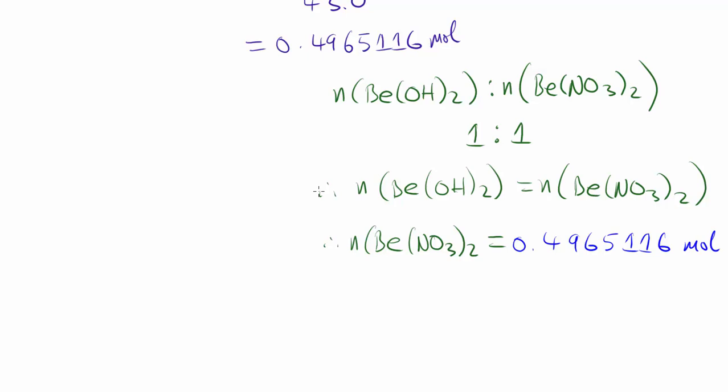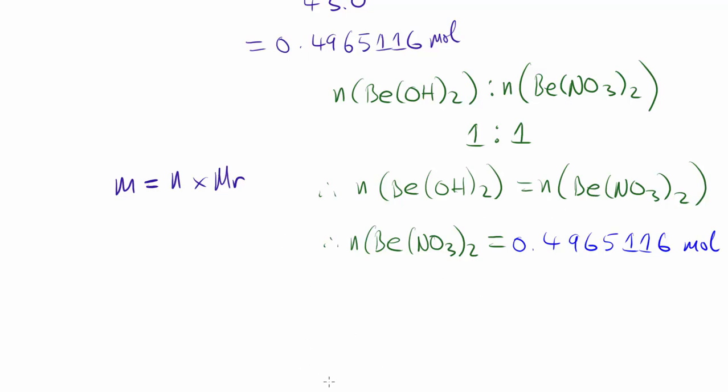We need to get the molar mass in order to actually work out the mass, because we know that the mass is equal to the moles multiplied by the molar mass, right? So let's work out the molar mass first.